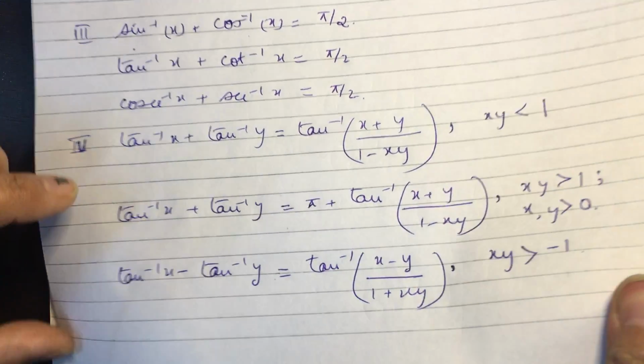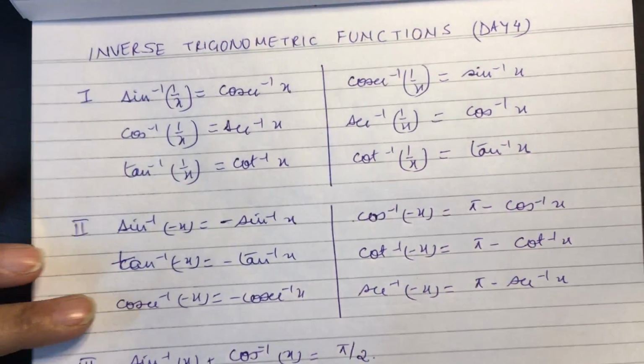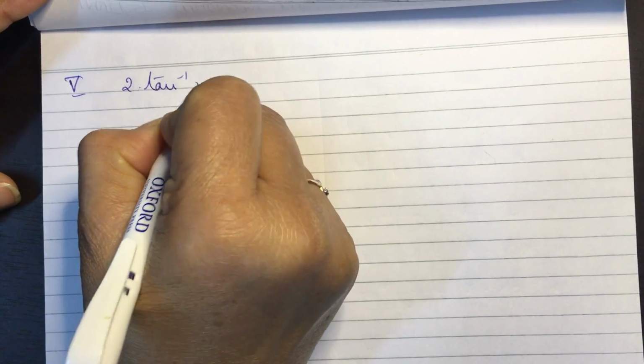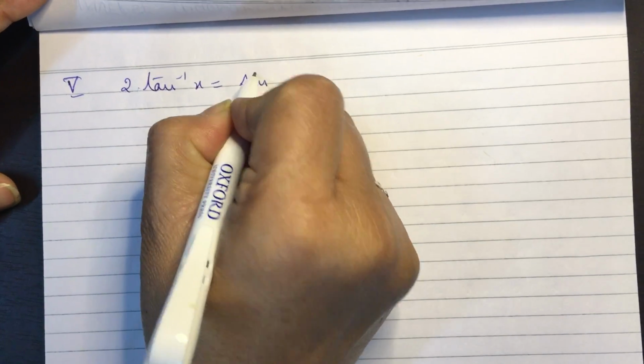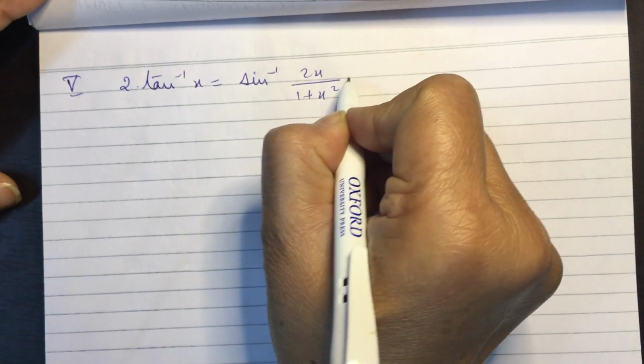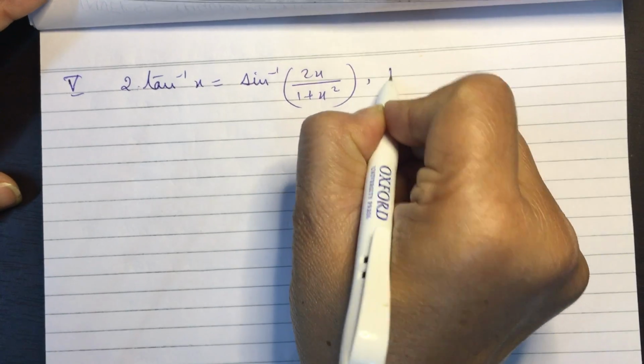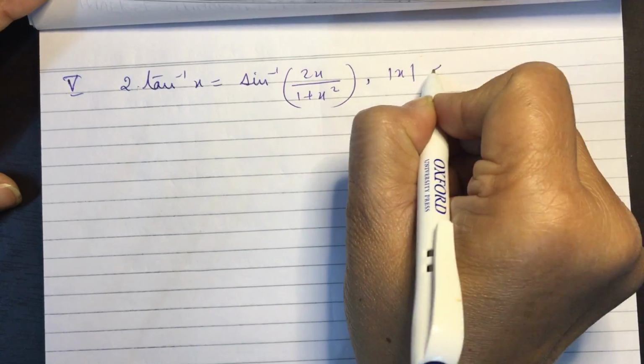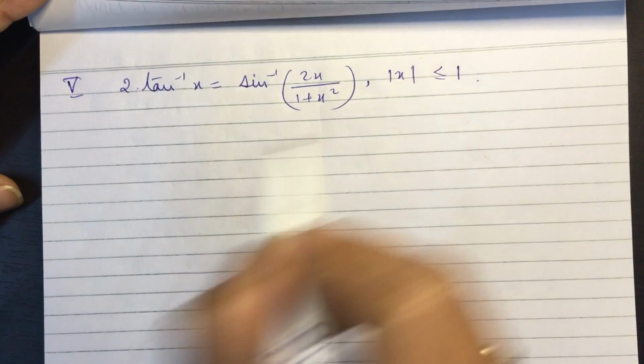Now let us consider the last set of results, that is, this will be the fifth set of results, that is 2 tan inverse x is equal to sine inverse 2x over 1 plus x square when mod x is less than or equal to 1.